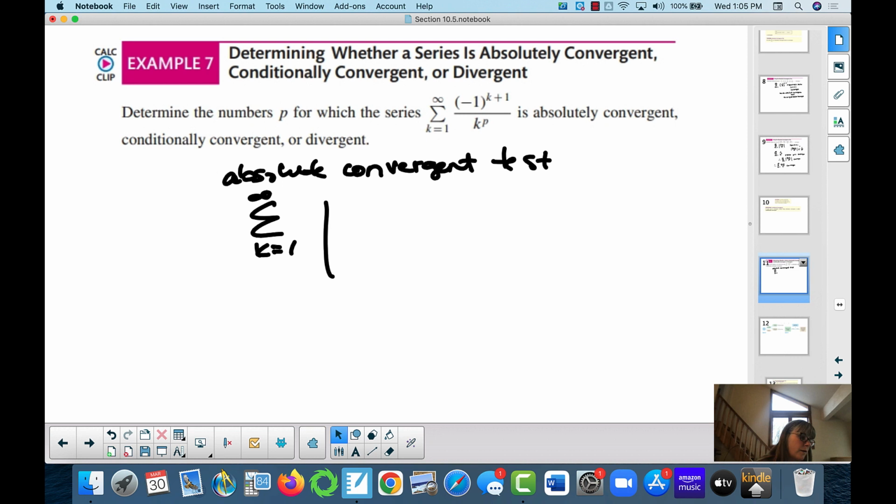So if we use the absolute value of this, that's going to be the same as 1 over k to the p. So it's a p series.